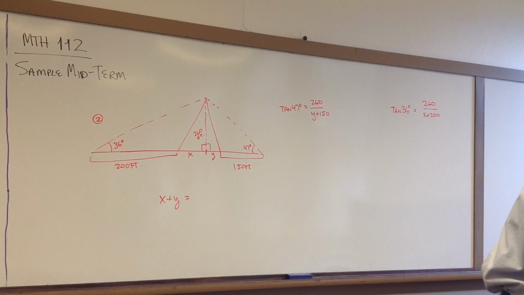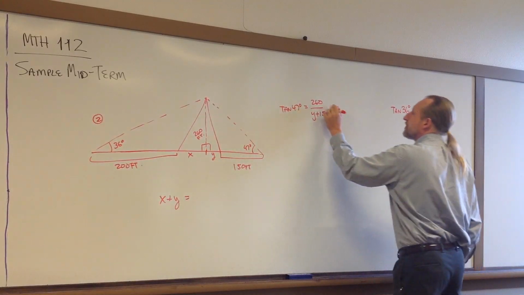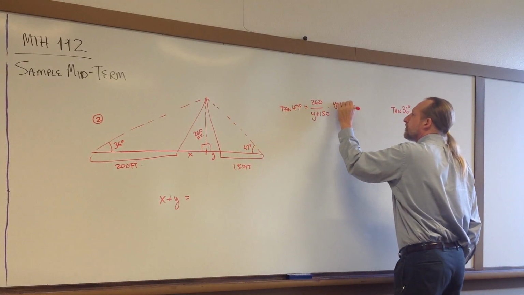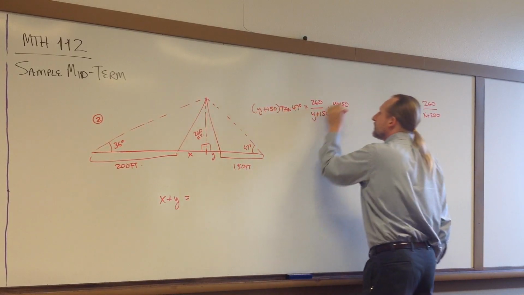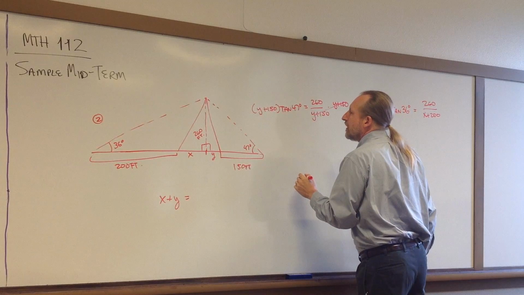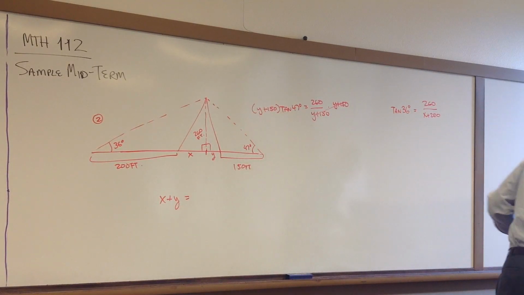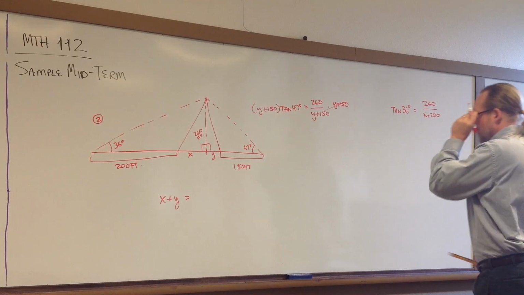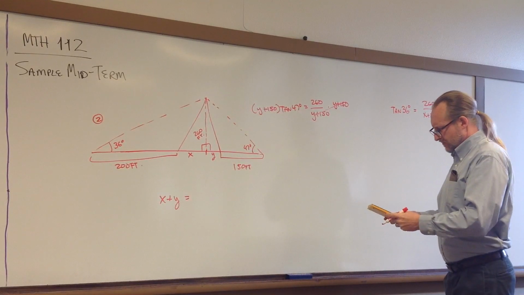That'll get us started. Now to solve for these variables, we want to get them out from the denominator, so we're going to multiply on both sides by y plus 150. Those will cancel. Maybe I'll do an approximation for the tangent of 47 degrees.